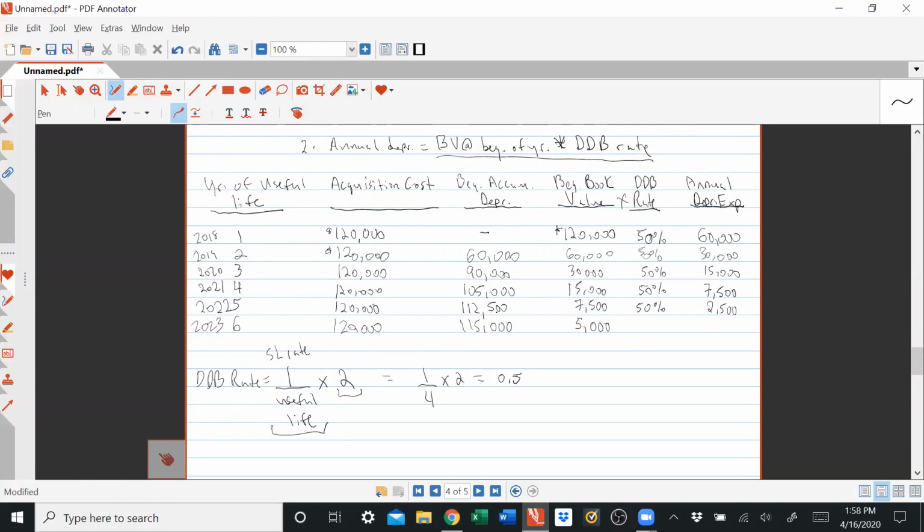At the beginning of 2022, accumulated depreciation has a balance of 112,500. If we recognize $2,500 of depreciation during 2022, then at the end of 2022, the balance in our accumulated depreciation account, or at the beginning of 2023, it's the same moment in time, is 115,000. And our book value is equal to the salvage value, and we're done depreciating the asset.